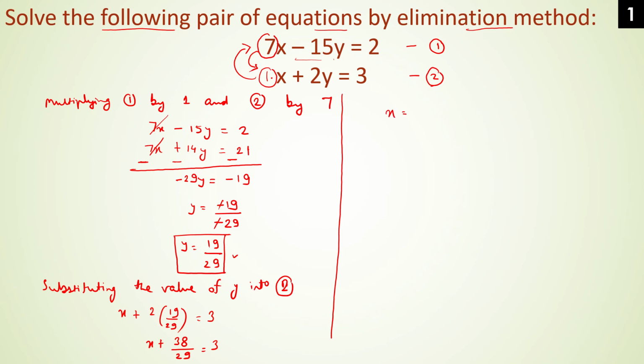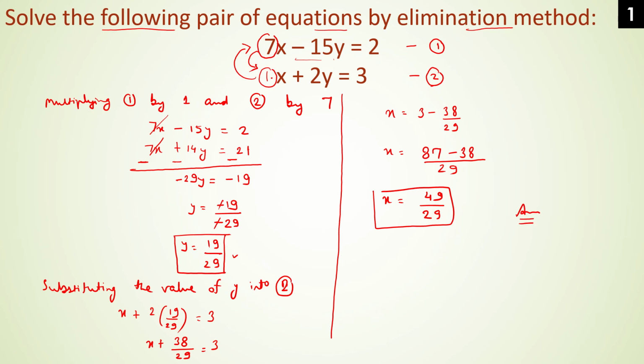So we get 3 minus 38 by 29, and by taking LCM we get the value of x as 49 by 29. This is the required answer.